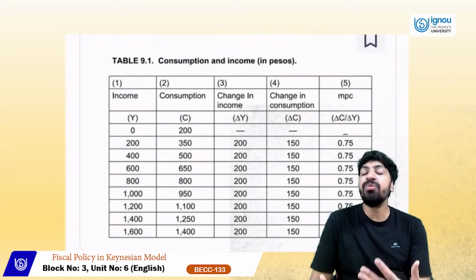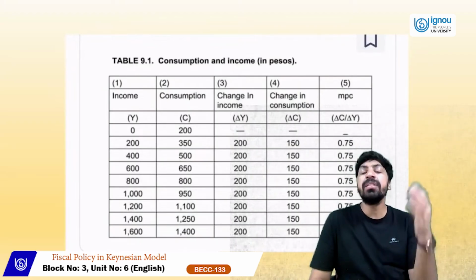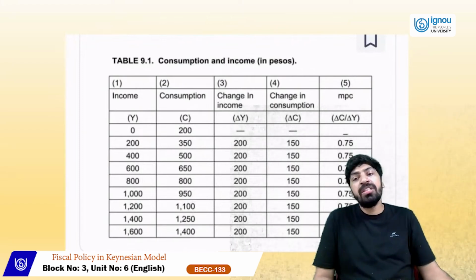So you have found out delta Y and delta C. This is how to calculate the change in income and change in consumption.